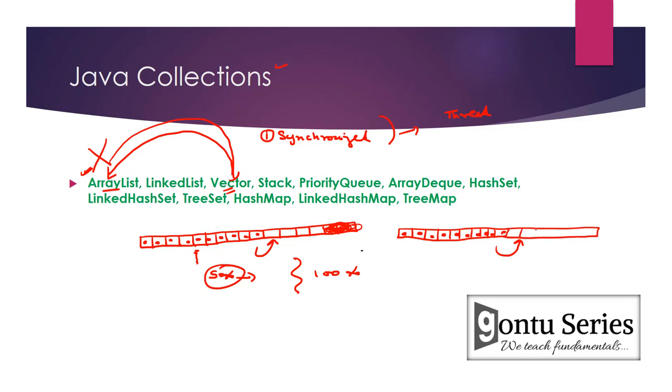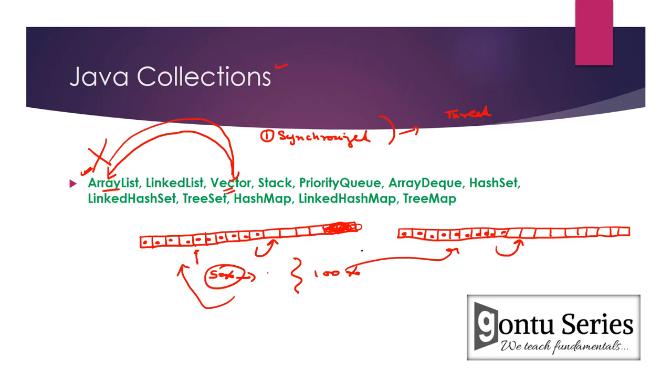So it's going to add space for 10 more elements. So a vector is always incremented by 100% when you add a new element at the time when capacity is filled up, and an array list is incremented by 50%.